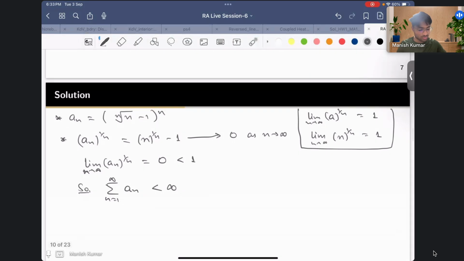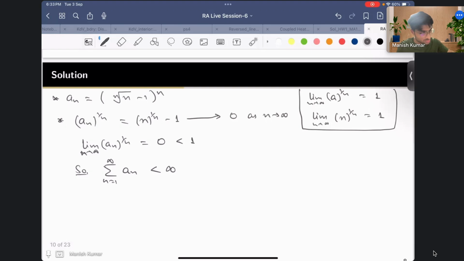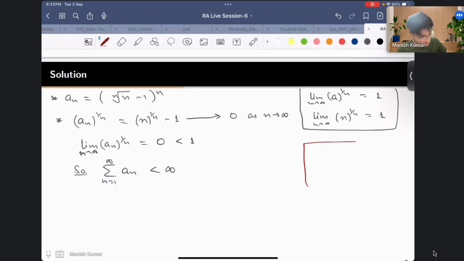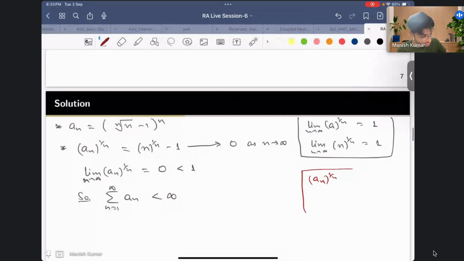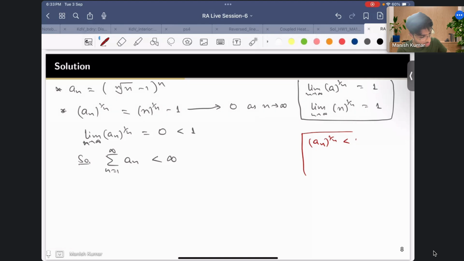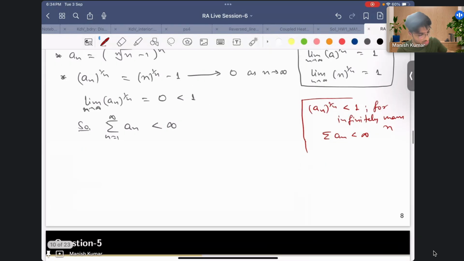So basically you have to make sure that for infinitely many n, and this is the statement of the root test, right, that if a_n raised to the power 1 by n is less than 1, or maybe you can write it in this fashion, less than or equal to r, where r is less than 1, for infinitely many n's, then the series a_n is convergent, right? This is the more general statement.